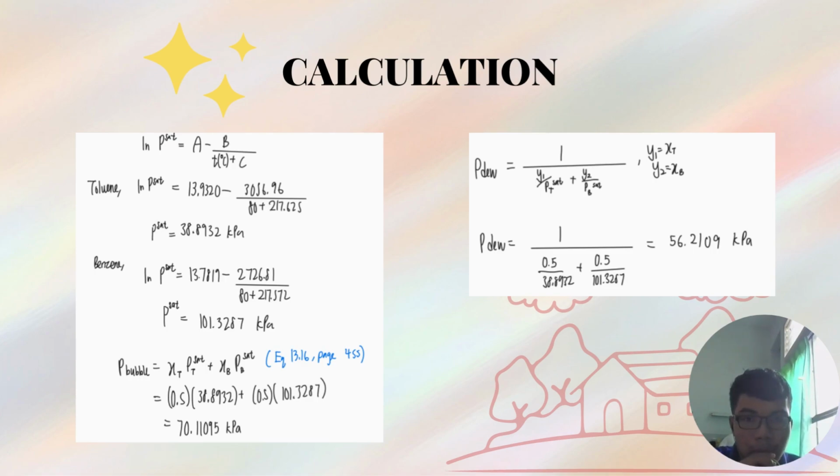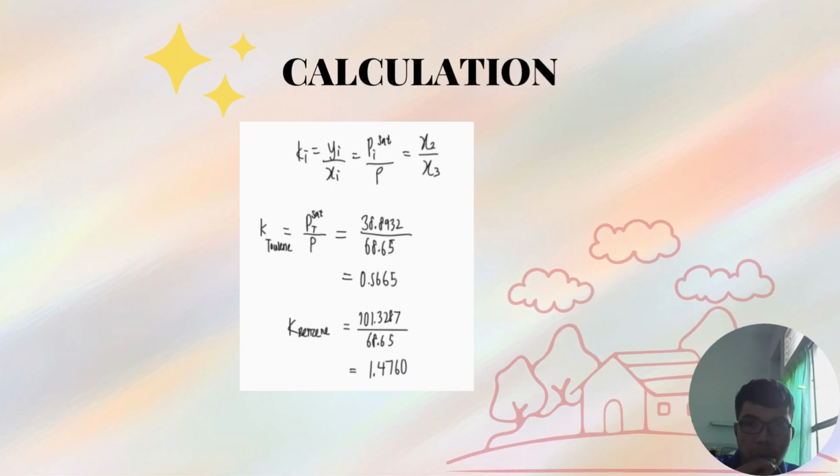To find P bubble, we can use the equation from the textbook, page 455, equation 30.16, and we can get 70.110995 kPa. To find P dew, we also use this equation from the book, and we can get P dew equal to 56.2109 kPa.